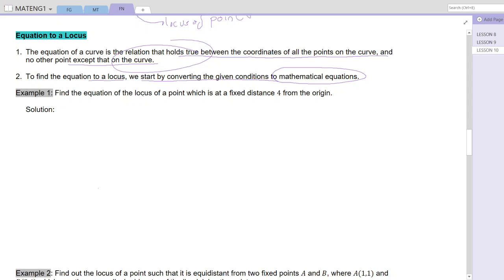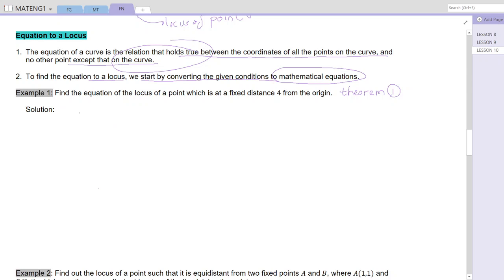Find the equation of the locus of a point which is at a fixed distance from the origin. So this one, if you're going to assess it, is theorem 1. So that forms a circle since we are given a point which is at a fixed distance from the origin.